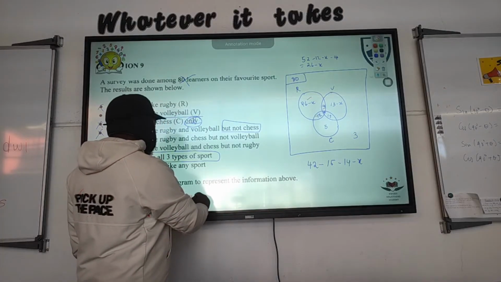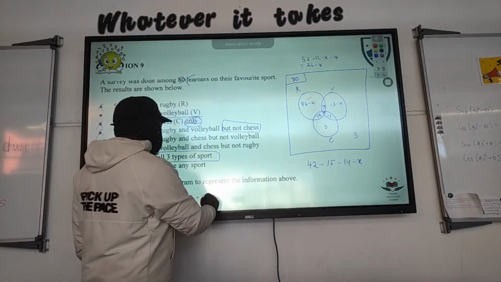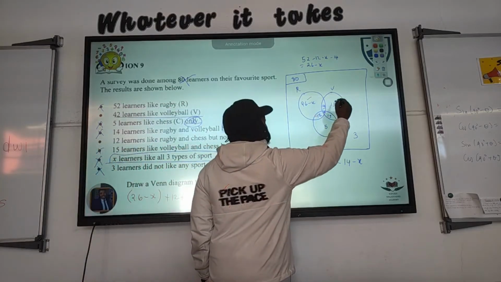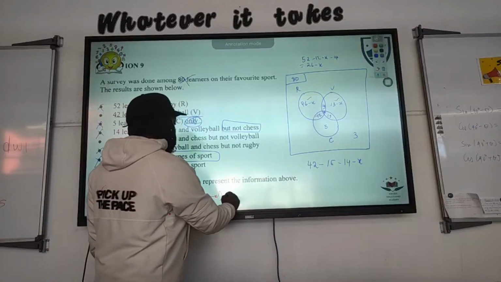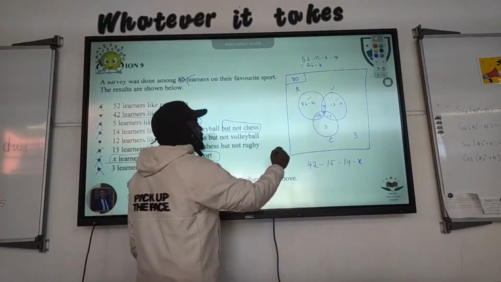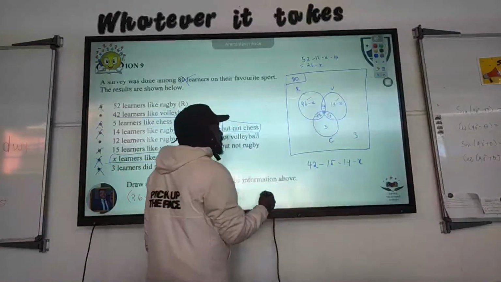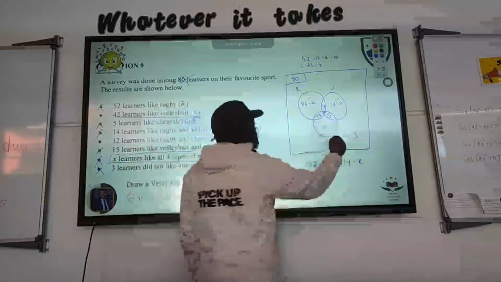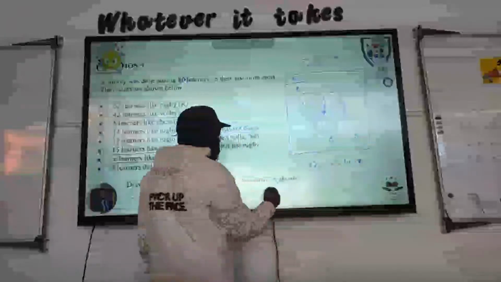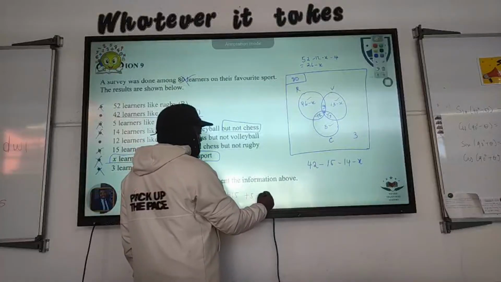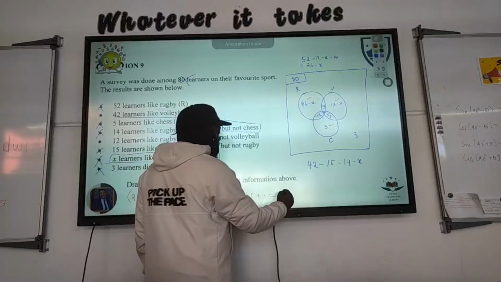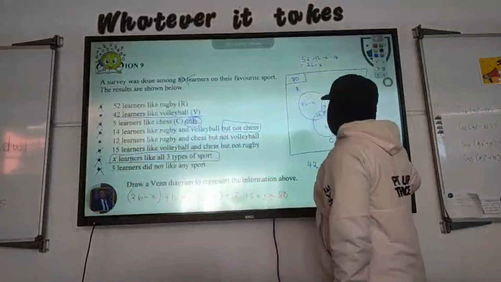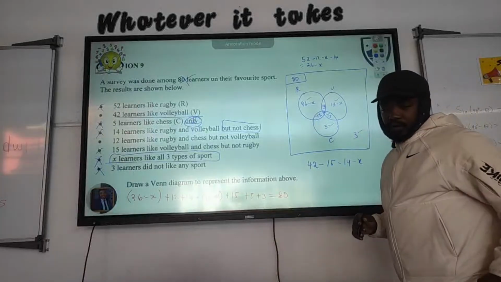And then I have 13 minus x, accounted for. I have 15, accounted for. And I have 5, accounted for. Don't forget the one which is outside. Plus 3, they must give me 80. So this has also been accounted for.